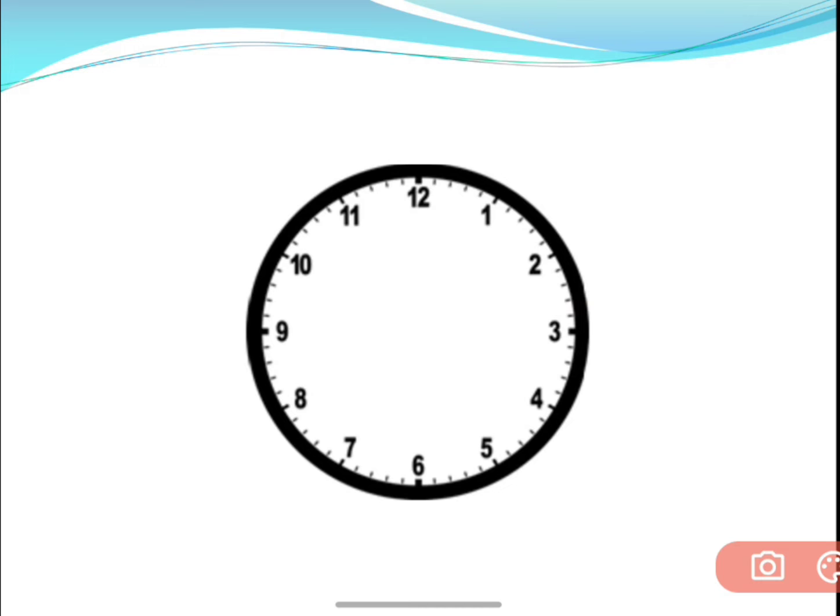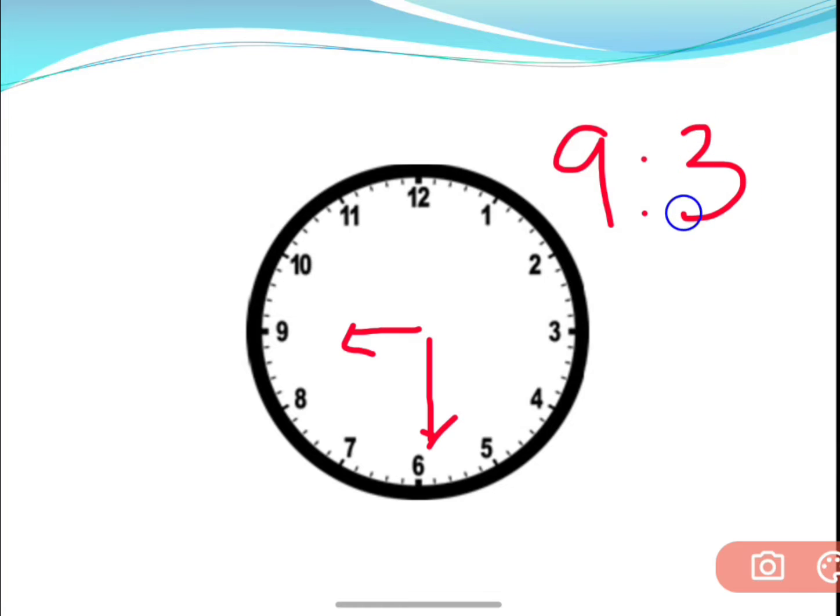For example, see, the short hand is pointing towards 9 and the longer hand is pointing towards 6. Then 6 for the longer hand is 30, isn't it? For the short hand 9, you will write the same number. For the long hand, you will use the 5 table. 6 fives are 30, isn't it?